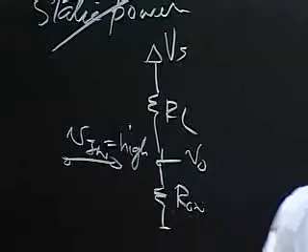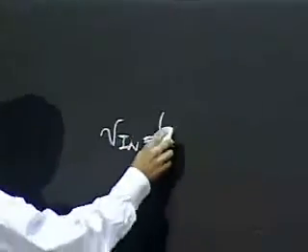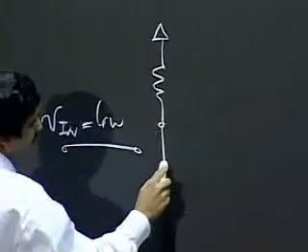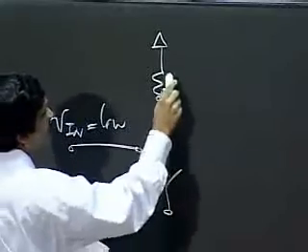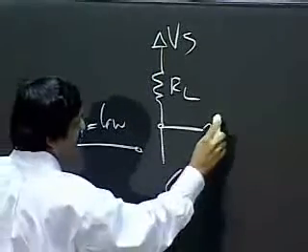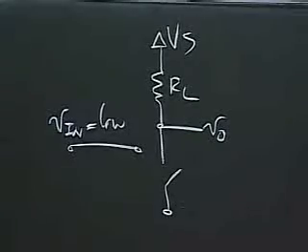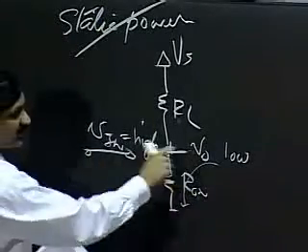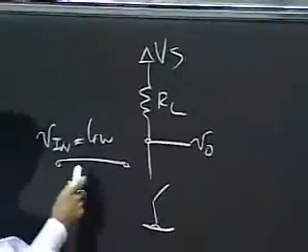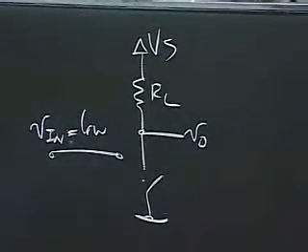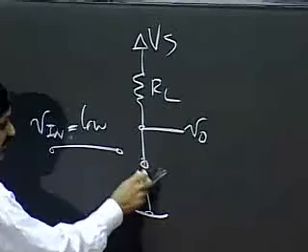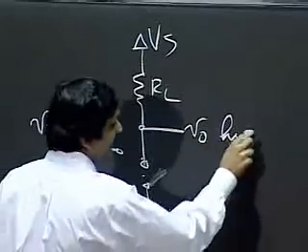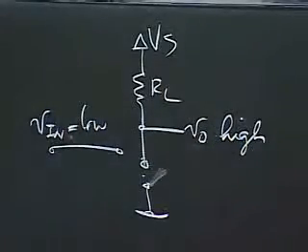Similarly, when Vin is low, so when Vin was high, VO was low because R on is much less than RL. While here, when Vin is low, the MOSFET is off, so I have an open circuit out here. Because of that open circuit, the voltage here is going to be high because Vs would simply appear there.